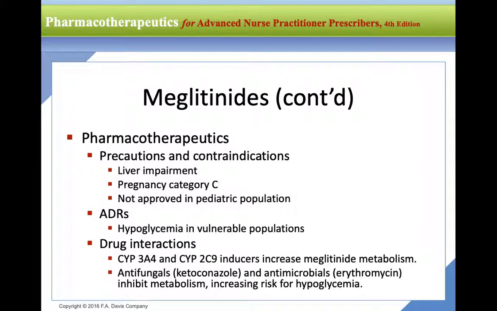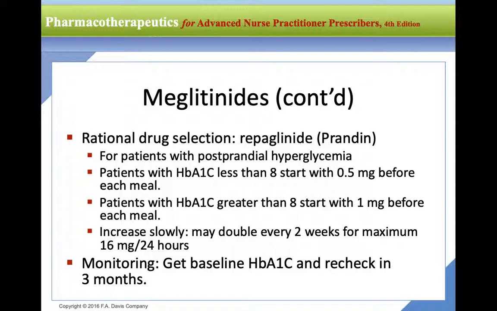Because one, it's 3 times a day dosing, so people aren't very compliant. Also, people don't like the risk of the hypoglycemia that comes with them, because you have to take them right before you eat, and it seems to be just a little bit more difficult than it's probably worth for not a great A1C reduction.